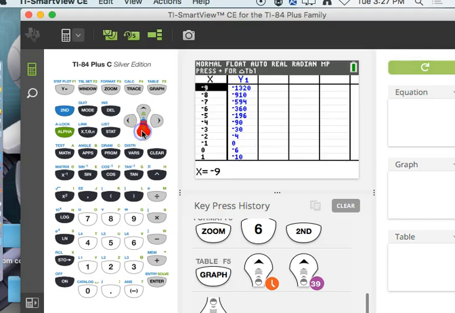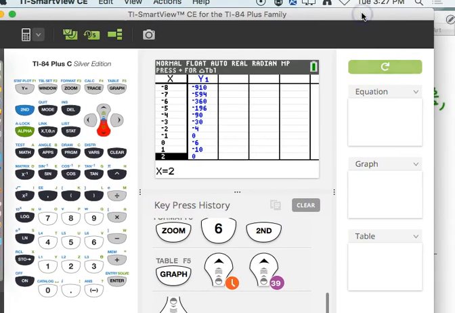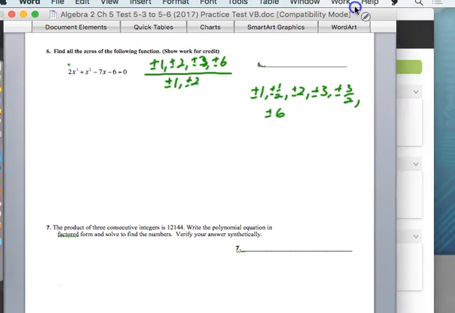We see a 0. And it won't stop going now, so I'll give it a second to come back up there. There we go. -1 is a 0 and so is 2. So that's a really good place to start with those two nice numbers there. And when I say start, I mean, hey, we need to do synthetic with these and see what happens. So -1 and 2 look good.